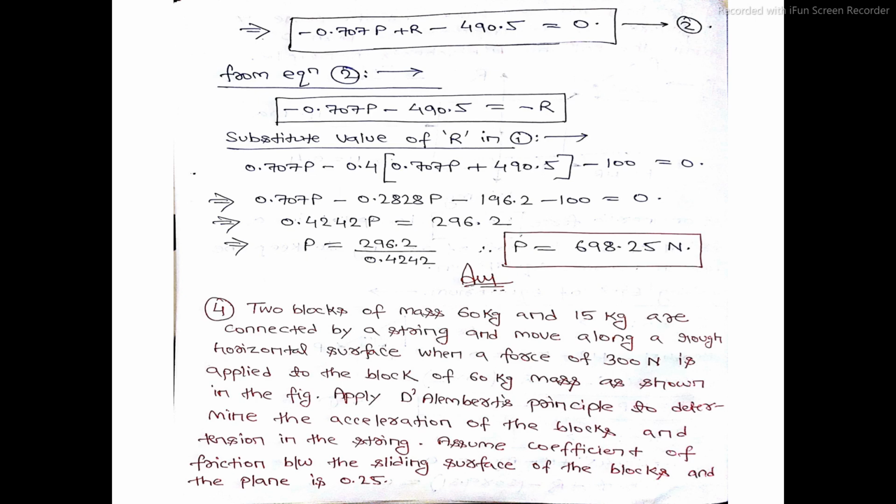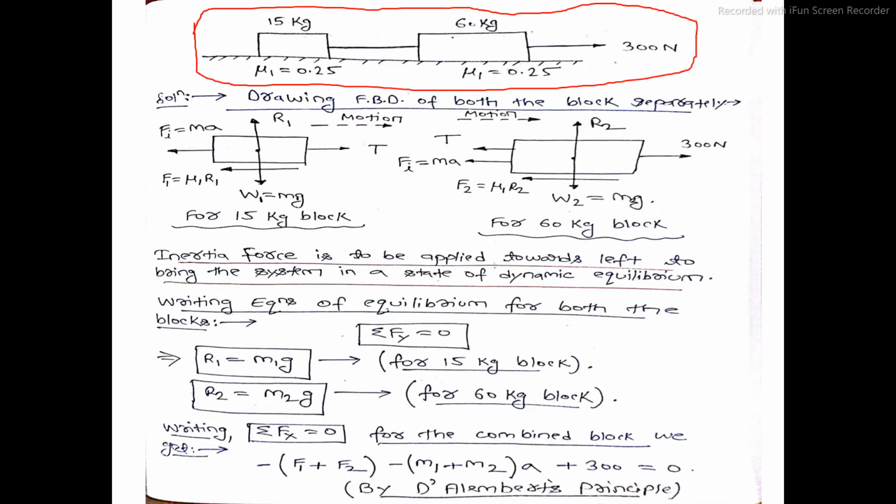When a force of 300 Newton is applied to the block of 60 kg mass as shown in the figure, apply D'Alembert's principle to determine the acceleration of the block and tension in the string. Assume coefficient of friction between the sliding surface of the block and the plane is 0.25. This is the diagram given to you in this problem.